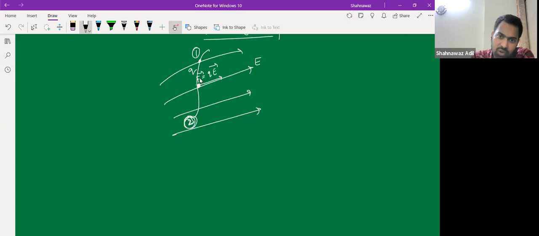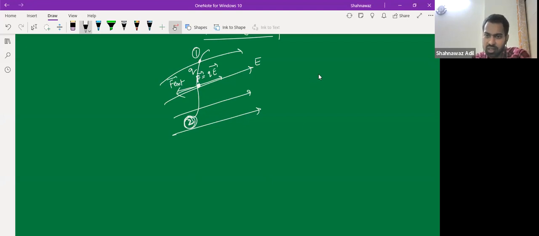Right. So this is the force due to the electric field. But we are working against this electric field to bring this charge from here to here. So this would be in the opposite direction. This would be some external force, so this would be F external, right?